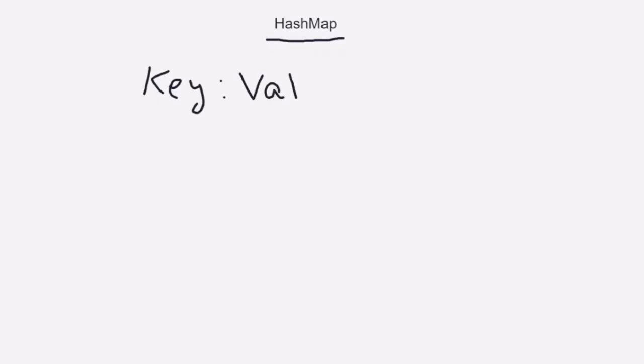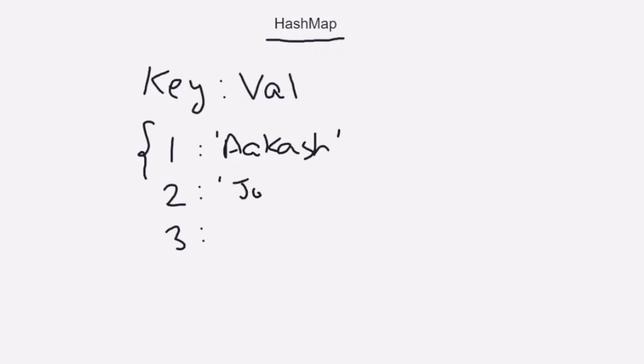So suppose you have keys like 1, 2, 3. And then for each key, you will have one or more than one value. Suppose for 1, I have my name here. Suppose for 2, we have my friend's name.